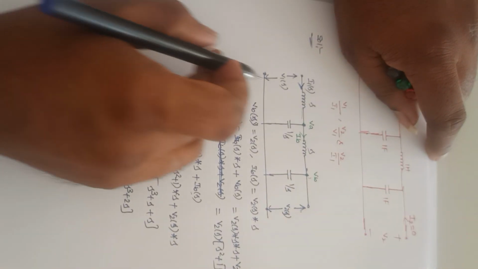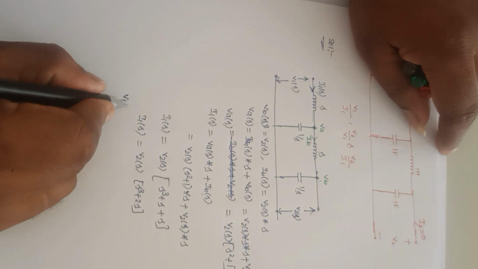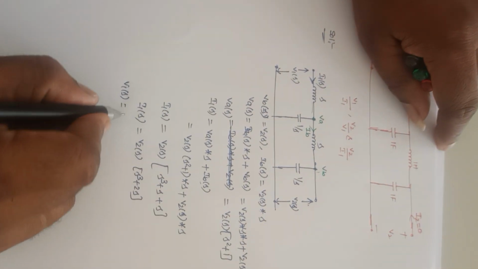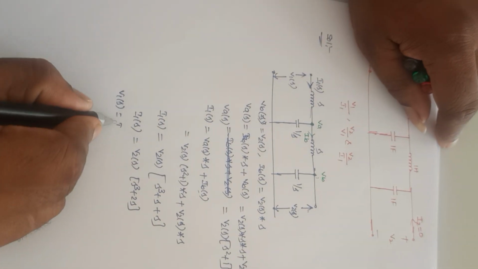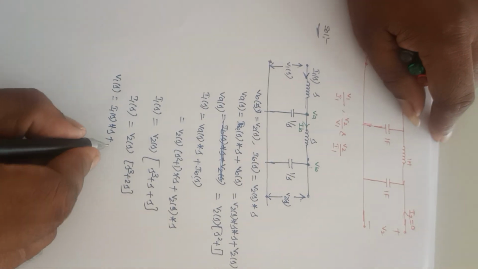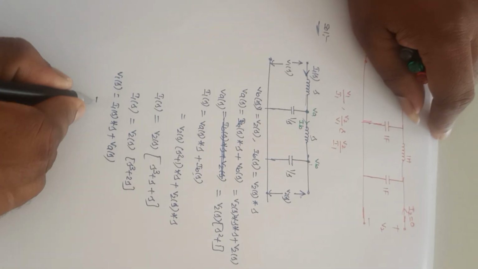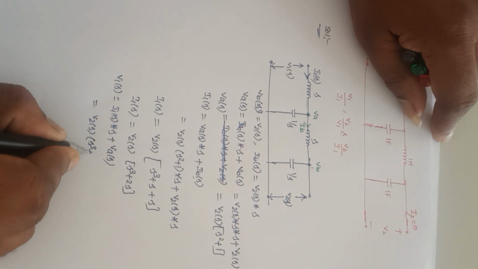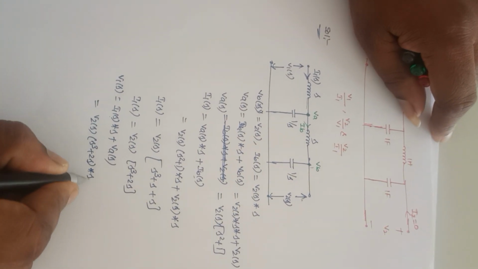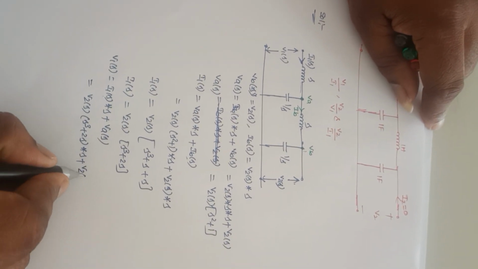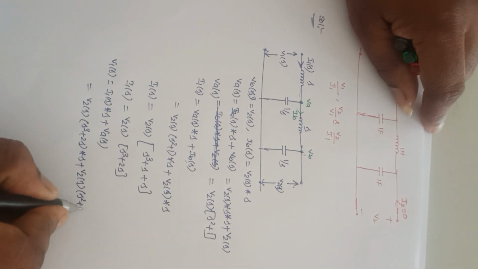Now V1 of S is equal to this voltage plus this voltage. This voltage is I1 of S into S, plus this voltage VA of S. I1 of S is V2 of S into S cube plus 2S, into S, plus VA of S, which is V2 of S into S square plus 1.